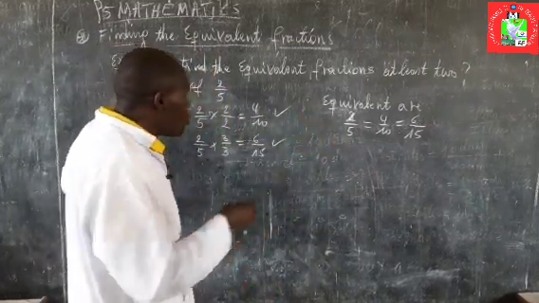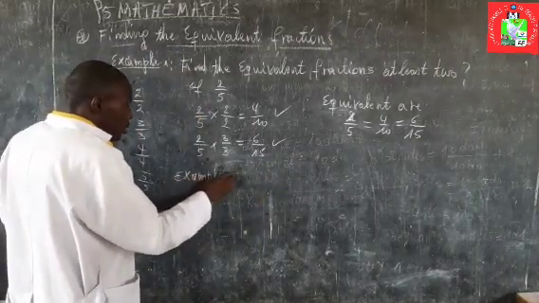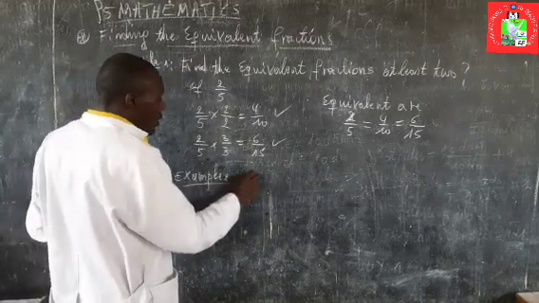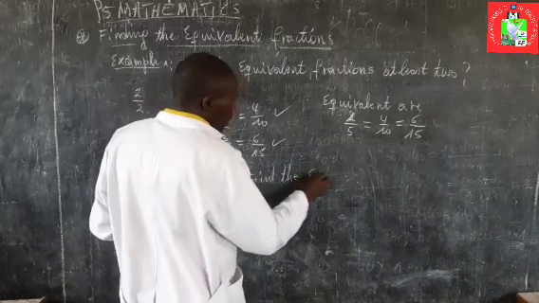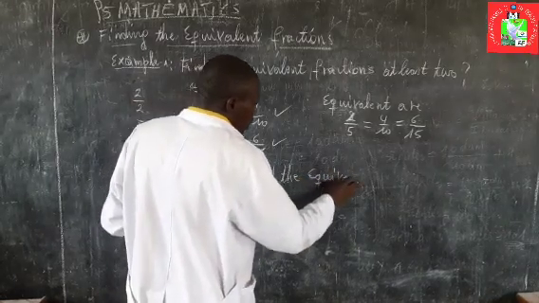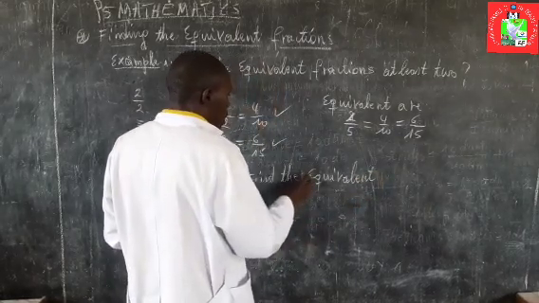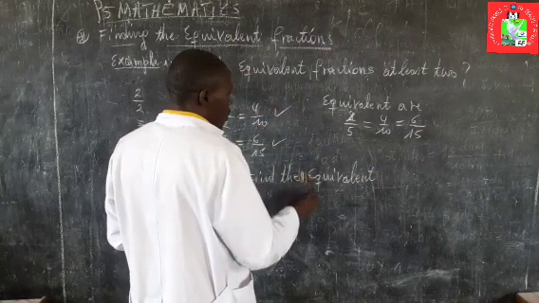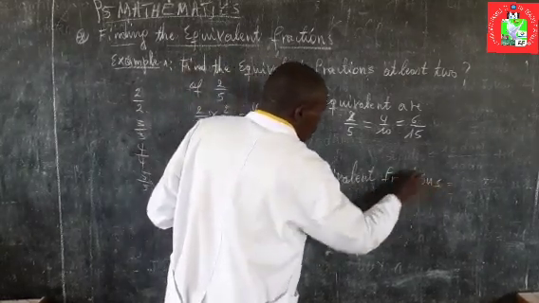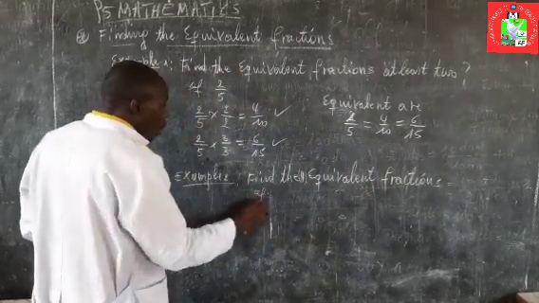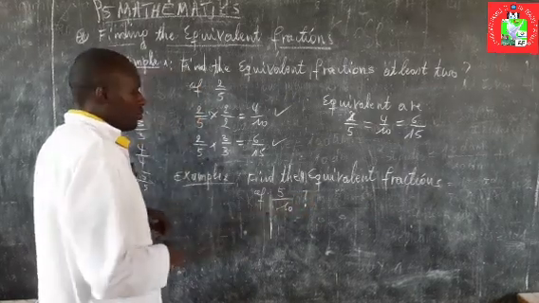By example 2, find the 4 equivalent fractions of 5 over 10.